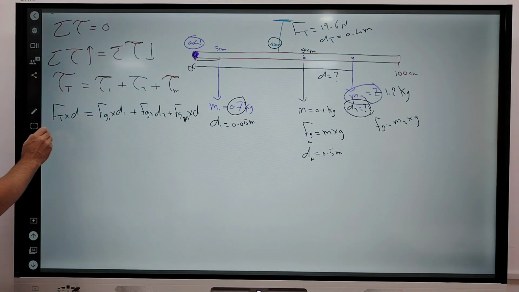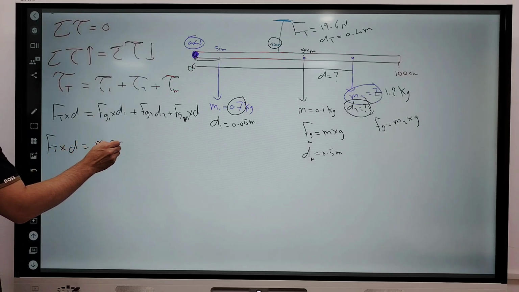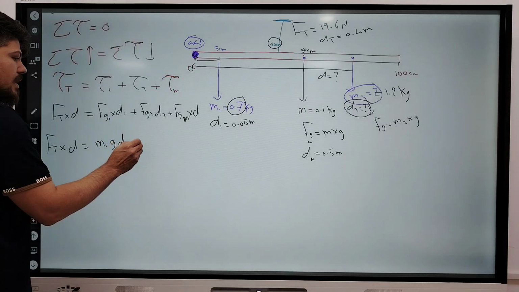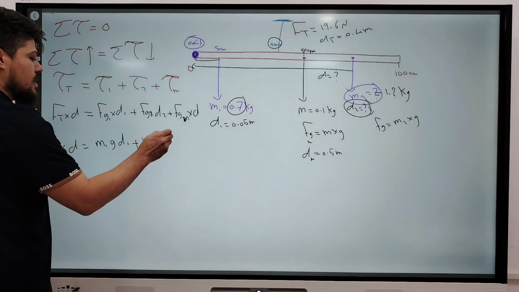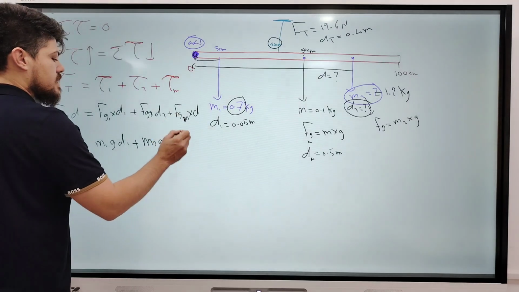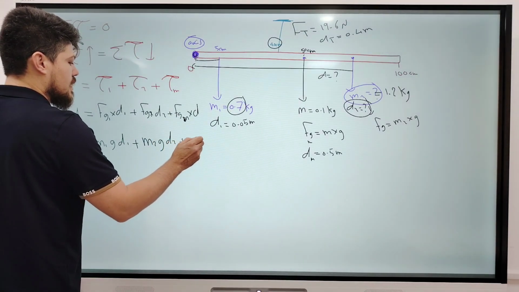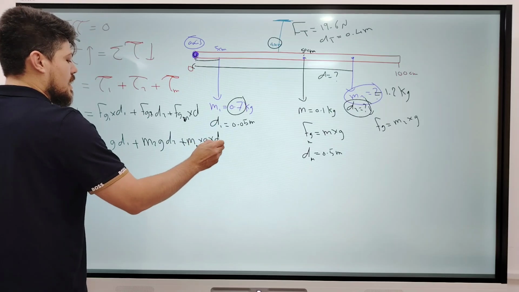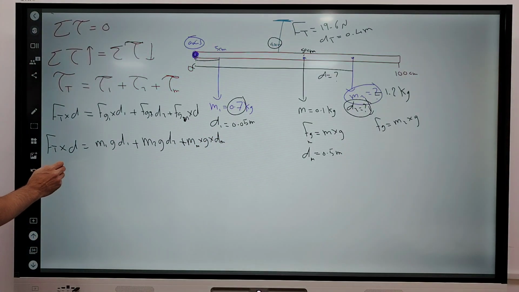Bring down this Ft times d. Fg is equal to what? m1g d1 plus Fg2, which is m2g d2, plus Fg of the meter stick, which is the mass of the meter stick times gravity times the distance of the meter stick. Now replace the numbers.